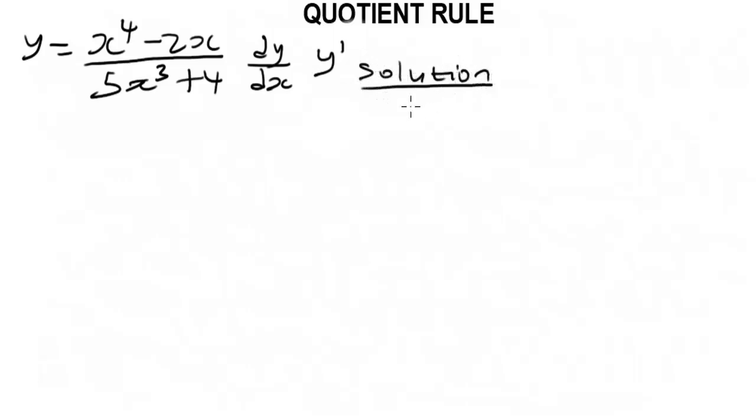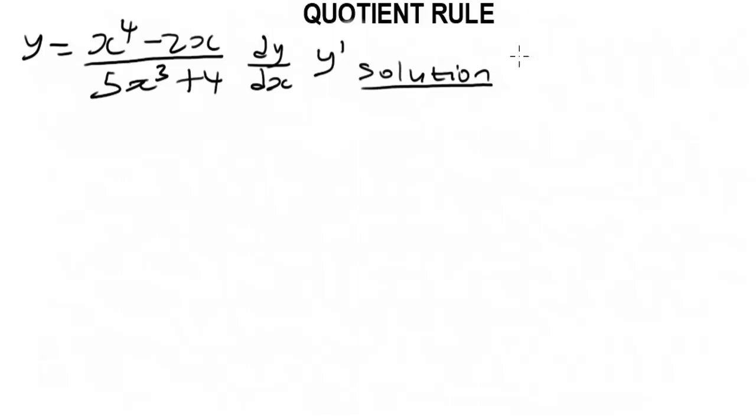Just like the product rule has a formula, the quotient rule also has a formula, and it's important you commit it to memory. It will help in the long run. Any derivative that has a fraction, you apply the quotient rule to solve it.